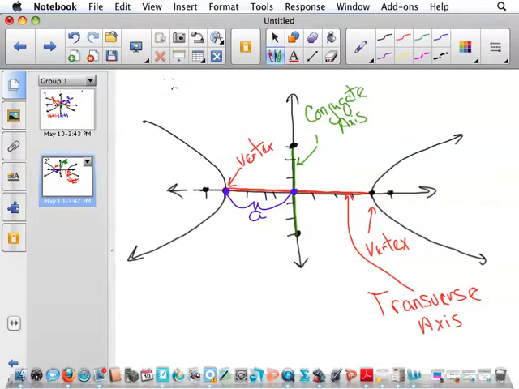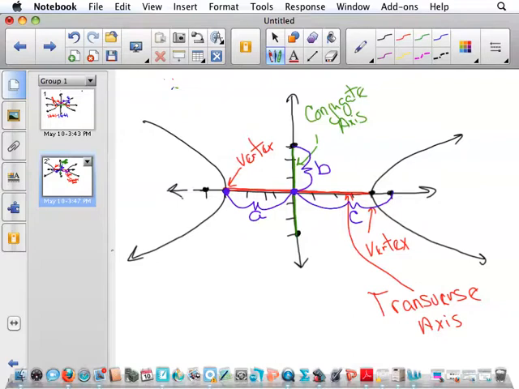The length from the center to the endpoint was b, and that is still the case. And the length from the center to the foci was c, and that is also still the case. Those definitions are the same.